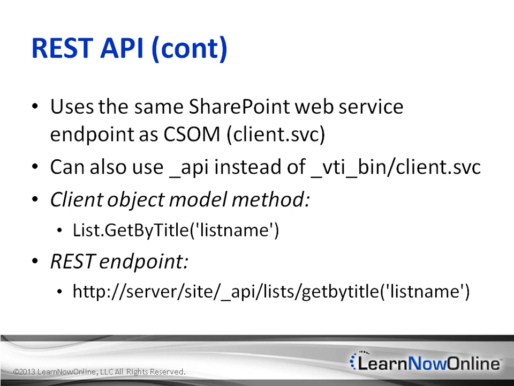That tells the REST service the resource is lists. Then we call getByTitle and pass in the name. The nice thing is we can do all of that in one URL request, one HTTP request, and then get back the data. So in this demo, we're going to take a look at using the REST API and retrieving data out of our SharePoint 2013 site.